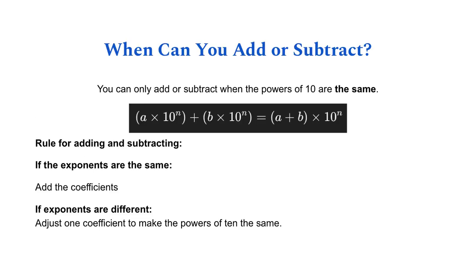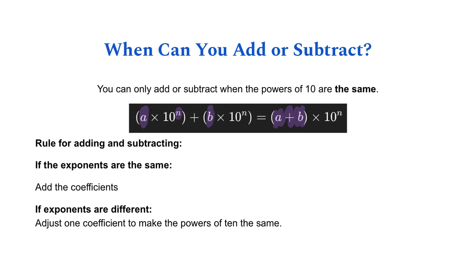Before we jump into examples, let's remember the rule for adding or subtracting in scientific notation. You can only add or subtract the coefficients, those front numbers, A and B, as you can see here, if the exponents are exactly the same.